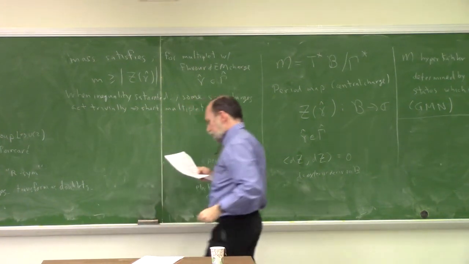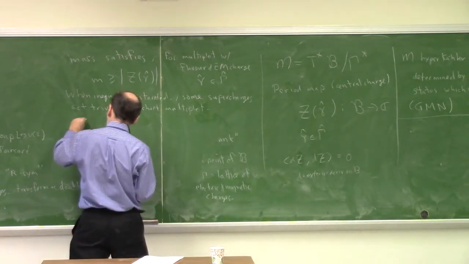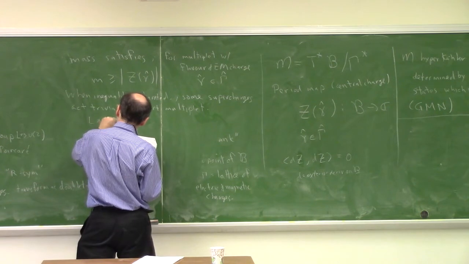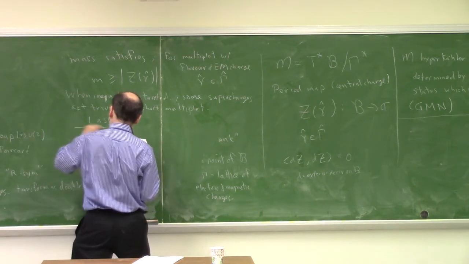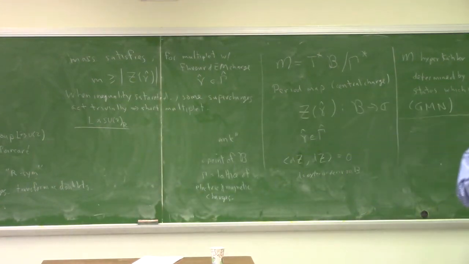I'll be precisely interested in the case where half of them act trivially. And so then we can just label what representations of the little group and the R symmetry induce the representations that come together to form the irreducible representation of super Poincare.